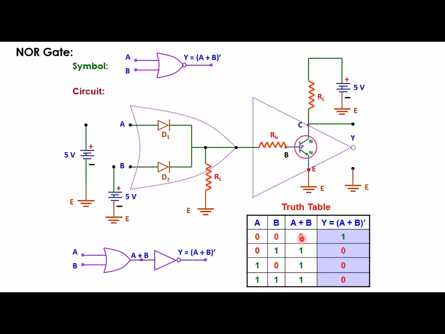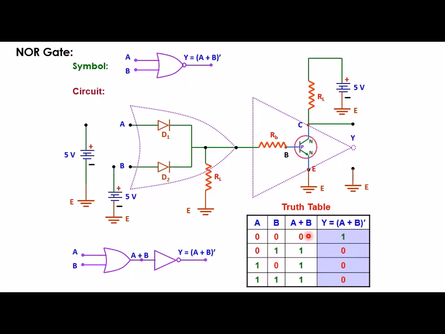Now if I apply a NOT operation to this output A plus B, then the final output Y will be equal to 1 when both are 0, and Y will be equal to 0 in all other cases.